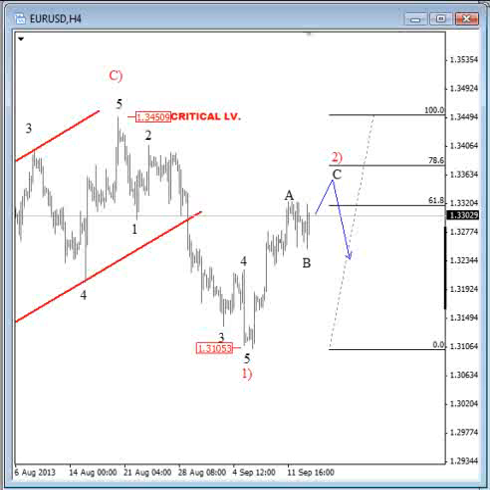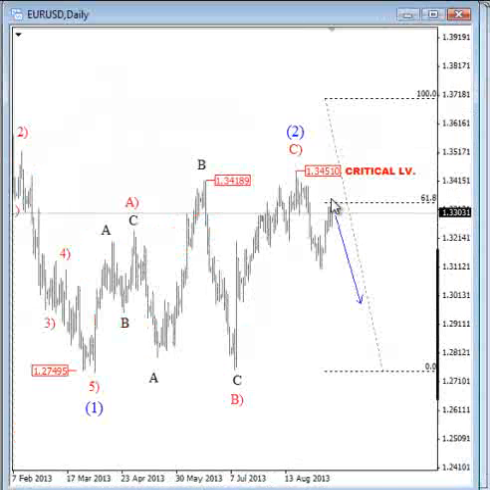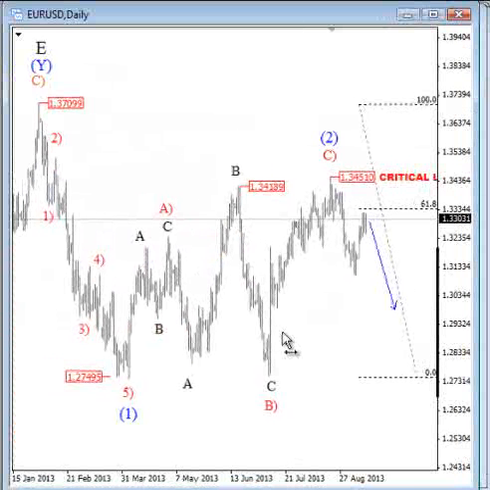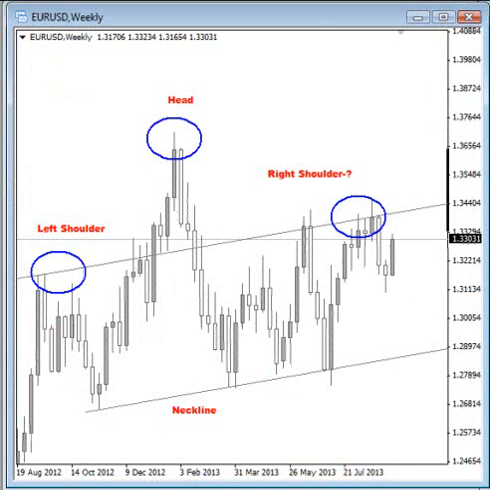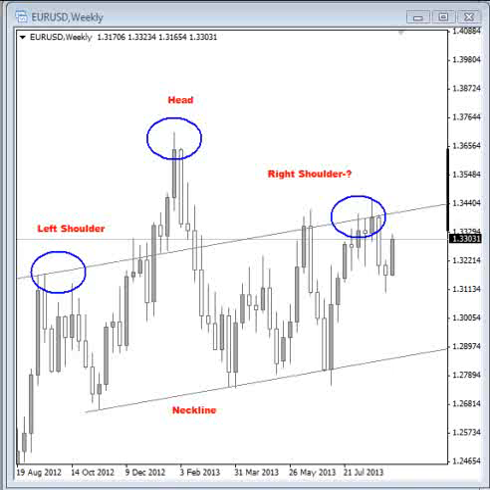So we are still observing the bearish scenario for the euro dollar, but if for any reason the market does not reverse here, and the bullish price action starts accelerating and invalidates this wave count, then of course we have prepared other scenarios.